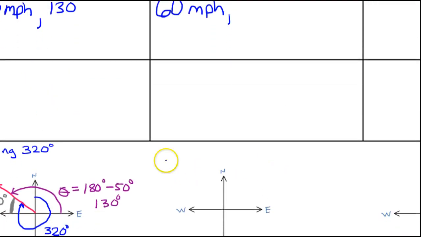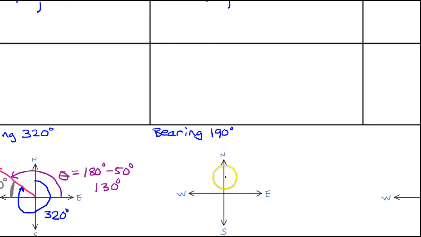Okay, let's take a closer look. So we're talking about a bearing of 190 degrees. Again, bearing is measured starting at north and moving clockwise. So if we go 190 degrees, that's going to look like this. 90, 180.